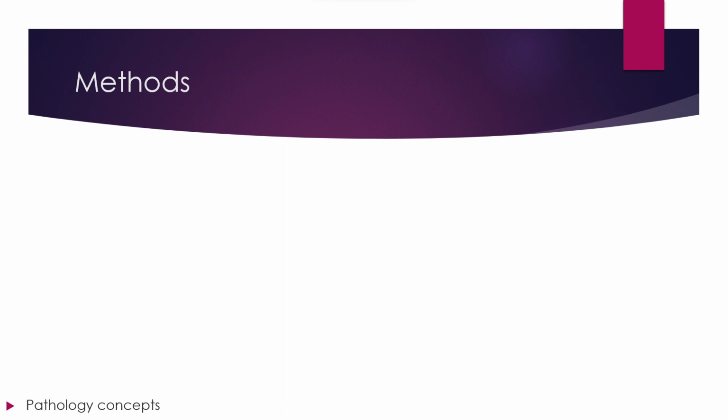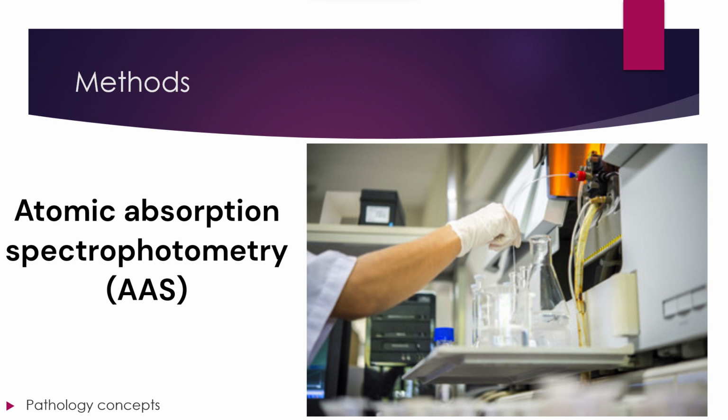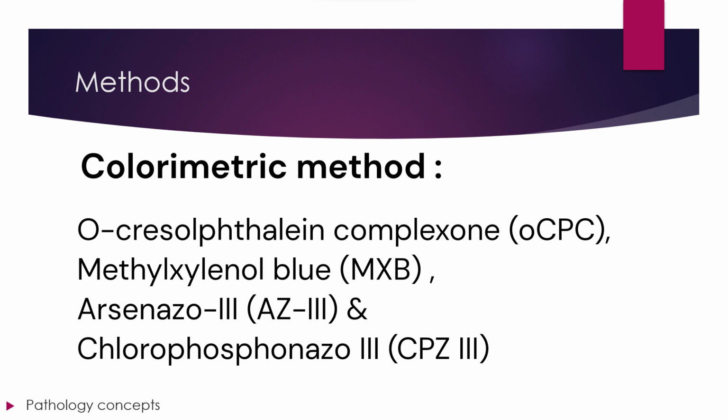Now let's dive deep into the methods to detect calcium. Atomic absorption spectrometry or spectrophotometry is the most reliable method, but it requires specialized and expensive instruments, making it unsuitable for routine assay in clinical laboratories. The most commonly used approach is the colorimetric method, which employs chelators such as OCPC, which is O-cresolphthalein complexone.